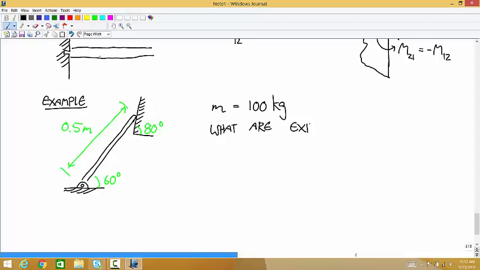What are the external loads on the beam? Well, we're going to use Newton's laws. The first step is to draw a free body diagram.